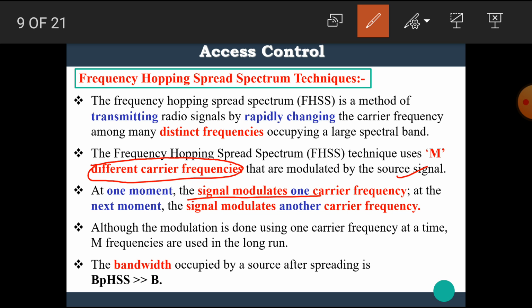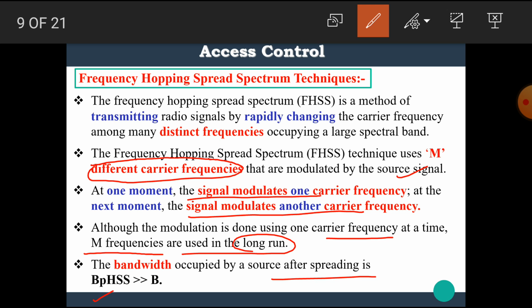At the next moment, the signal modulates another carrier frequency. Although the modulation is done using one carrier frequency at a time, m frequencies are used in the long run. The bandwidth occupied by the source after spreading is B_FHSS, which must be much greater than the bandwidth of the modulating signal.